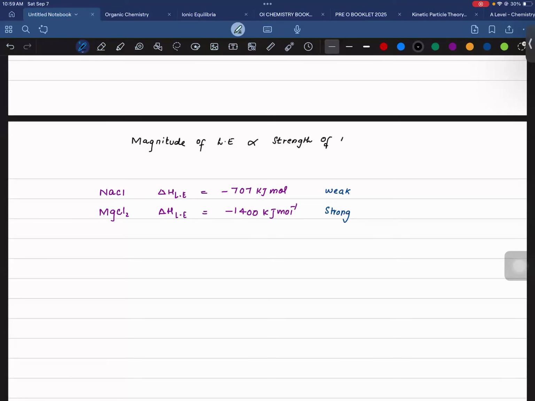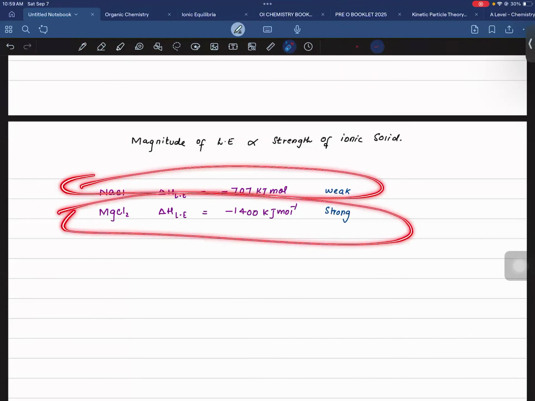More negative means stronger ionic solid. Less negative means weaker ionic solid. More energy released means the compound would be stronger. So after looking at the lattice energy, you can tell this is weaker and this is stronger.